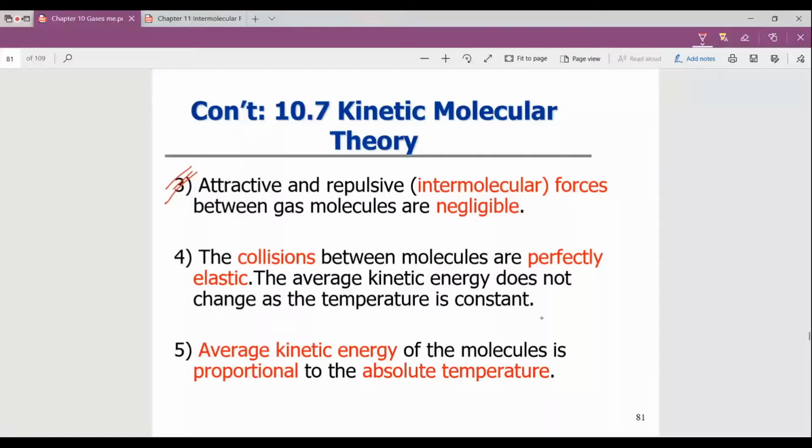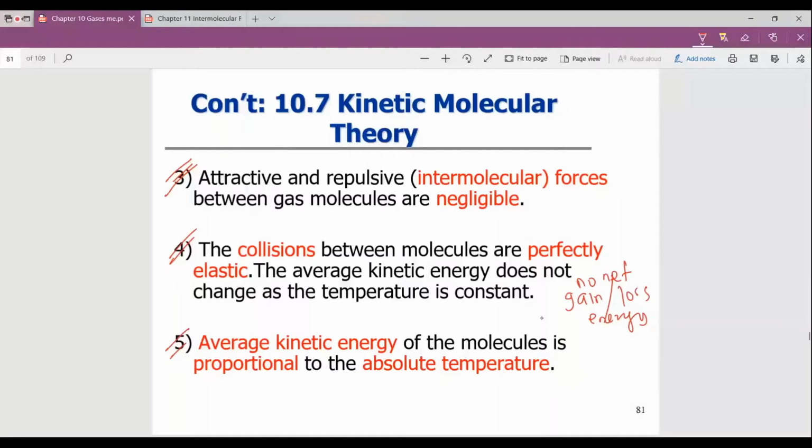The total energy is conserved, so no net gain or loss of energy. That's number 4.